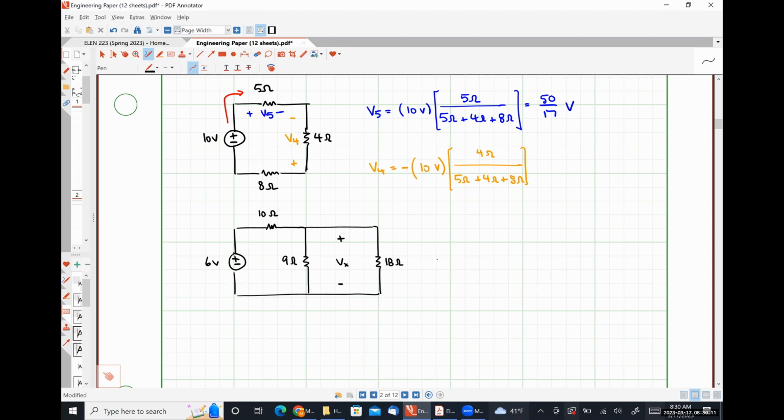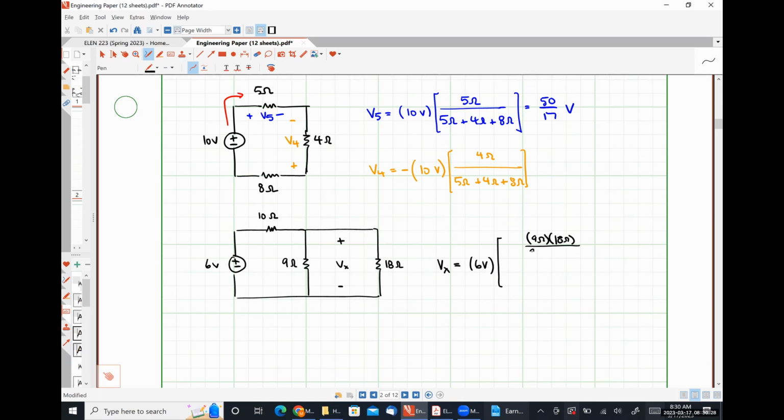So we could say Vx in this case is just going to be 6 volts times 9 in parallel with 18, so that's 9 times 18 over 9 plus 18, divided by 10 ohms plus 9 in parallel with 18. If I'm not mistaken, 9 in parallel with 18 is 6.